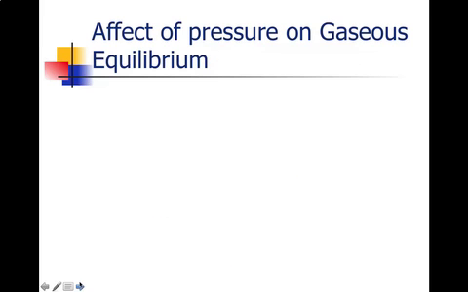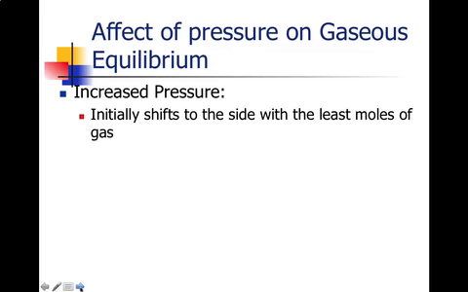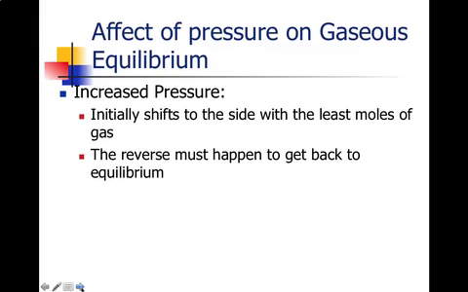If we have a gaseous equilibrium, we can increase the pressure, which initially shifts to the side with the least number of moles of gas. The reverse has to happen to get it back to equilibrium. So I have to look at my number of moles, so a balanced reaction would come in handy here.